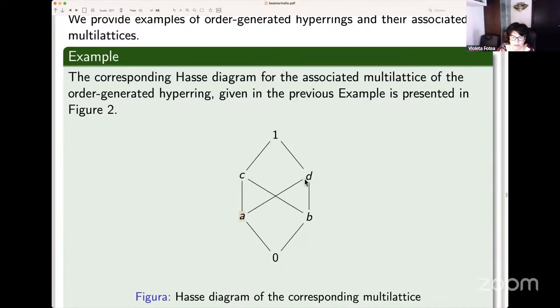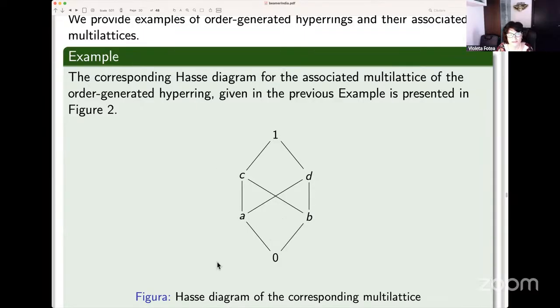These are minimal upper bounds. Another upper bound is also 1, but it is not minimal. Similarly, for C and D, A and B are maximal lower bounds. Also 0 is a lower bound, but it is not maximal.